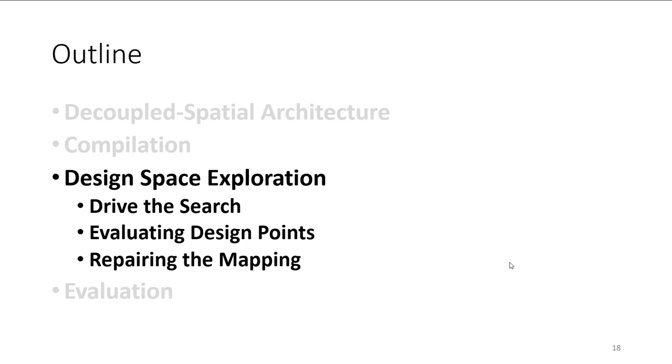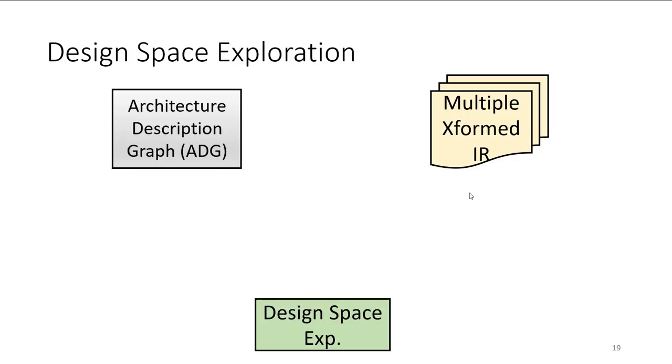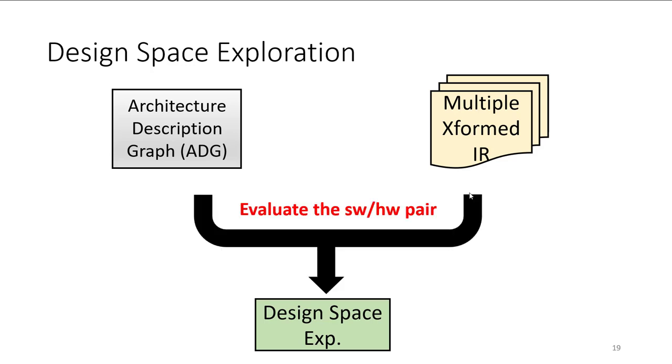We are done with the design space and the compilation. Now we explain how to integrate them into the Design Space Explorer. Overall, we use a simulated annealing algorithm to search the design space. At each step, the Design Space Explorer evaluates each version of all the programs on the candidate hardware to select the best suited version of each program.